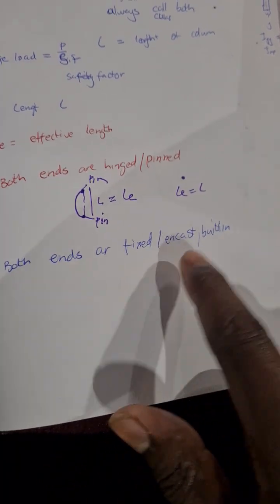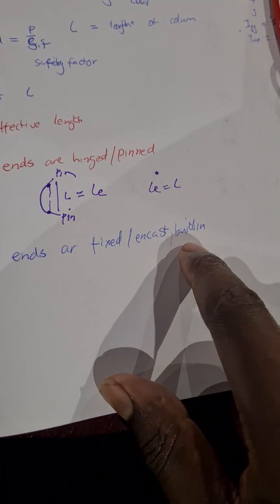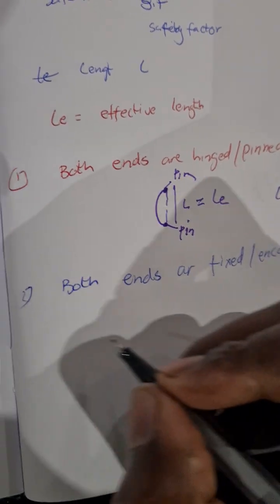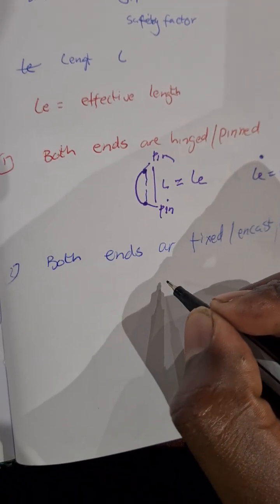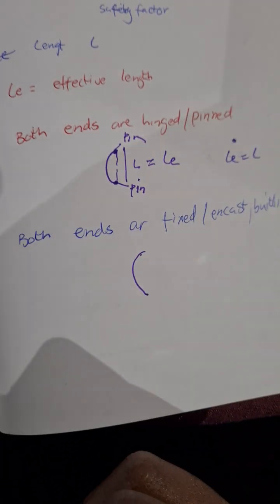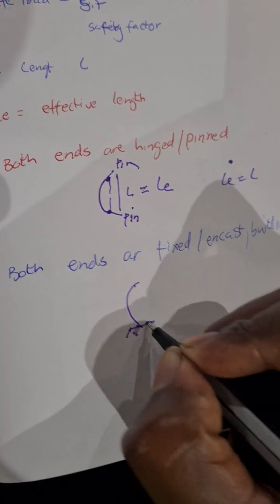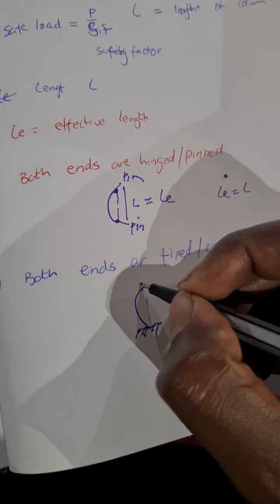Let's draw the structure again. Remember, it's already failed, so it's already bent.